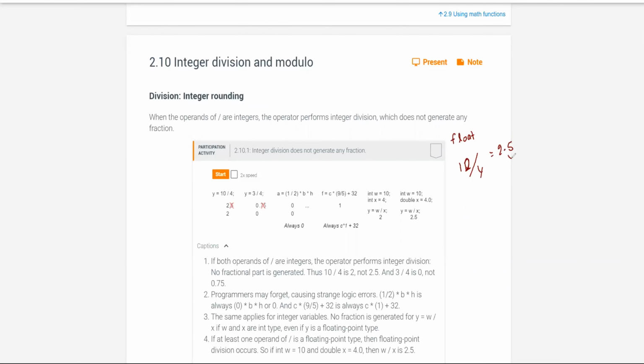So there's accuracy in this. If you only get the answer as 2, there's an error margin of plus or minus 0.5, right? So if you want to get precise values, float is good to go.